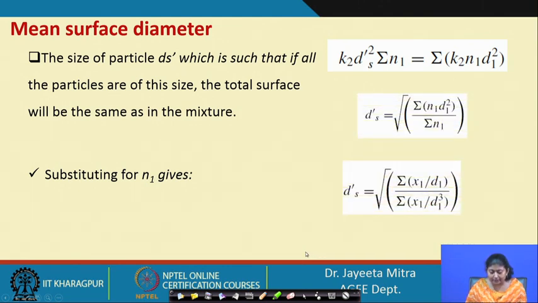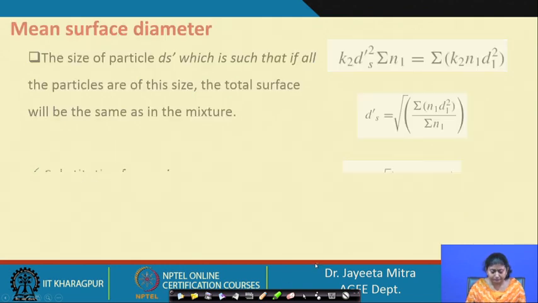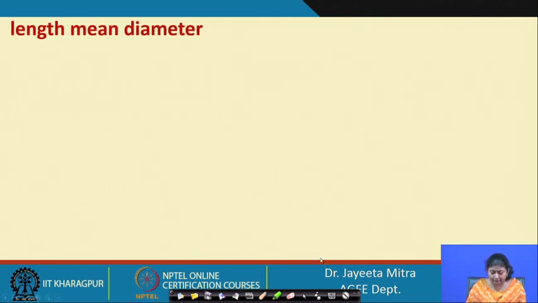So, ds dash will be root over summation n1 d1 square divided by summation n1. If you substitute n1 with the value of x1, the mass fraction basis, ds dash will be root over summation x1 by d1 divided by summation x1 by d1 cube. So, there are many representations of this.